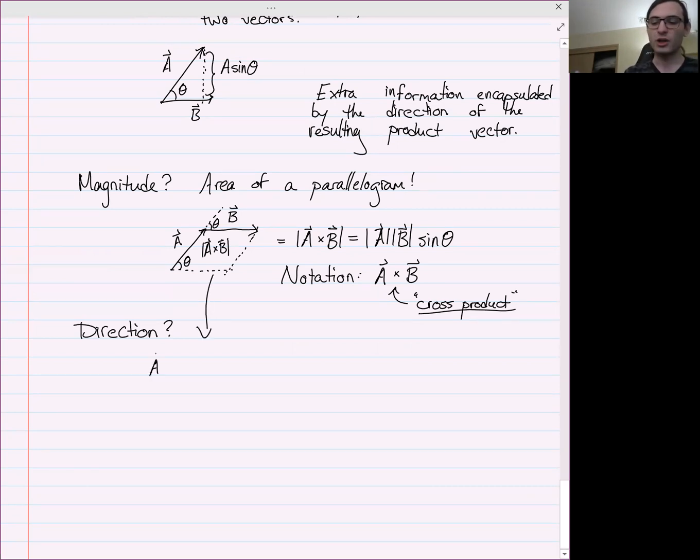So A cross B, the picture you would draw, would be you take A, then you stick B to the head of A, and then you could complete this parallelogram by circulating. And so the direction that it circulates in, that circulation direction of the parallelogram, is relevant.